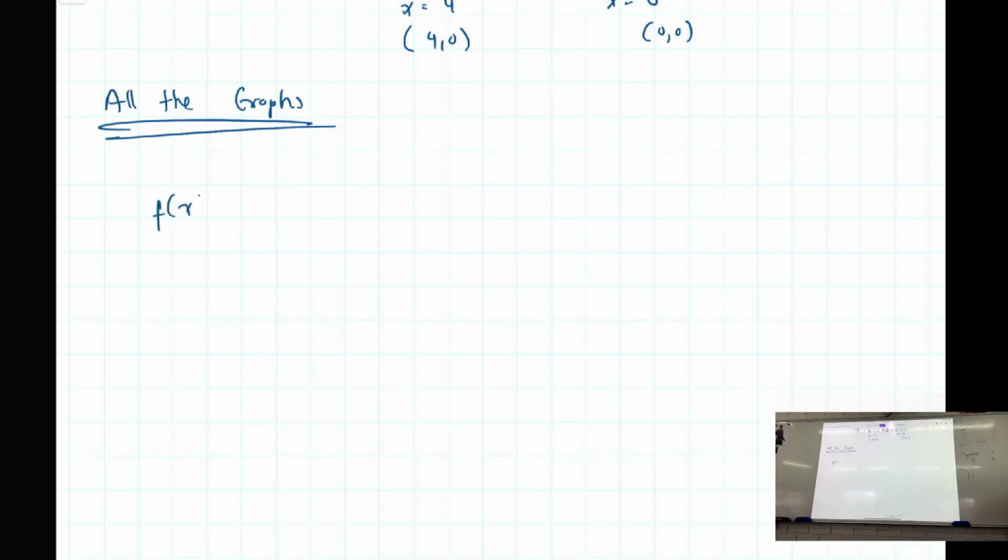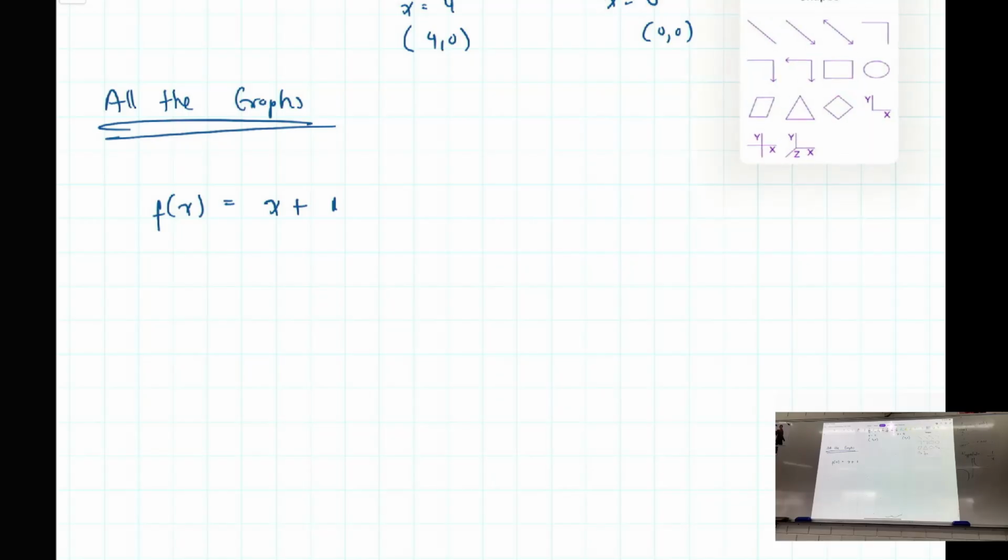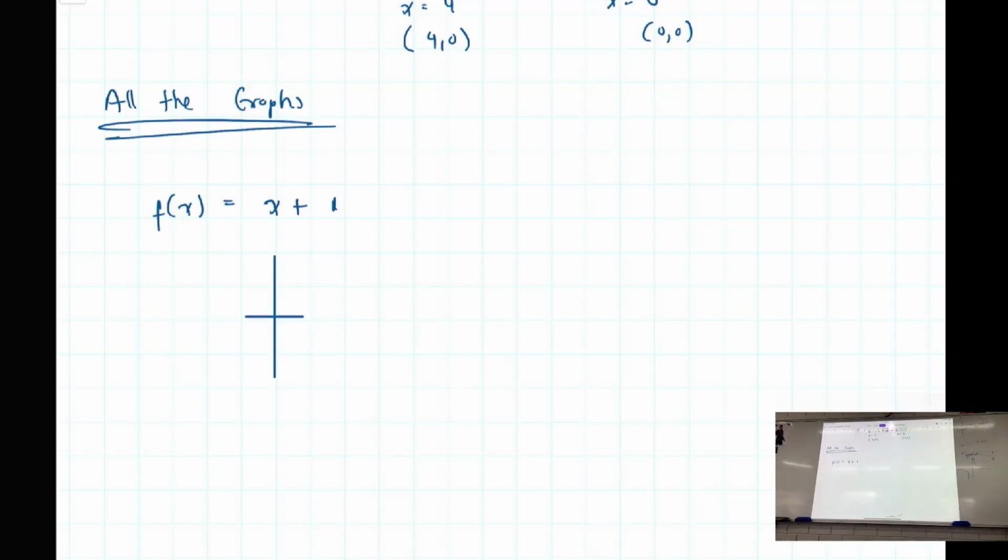If I have f of x equals x plus 1, for example, what type of graph is that? You need to know this already. Is a linear graph? How do I do this? Right? Yep. The plus 1 again is up.